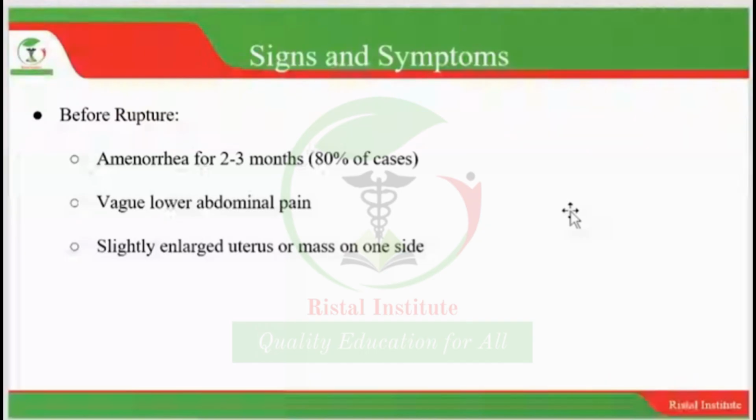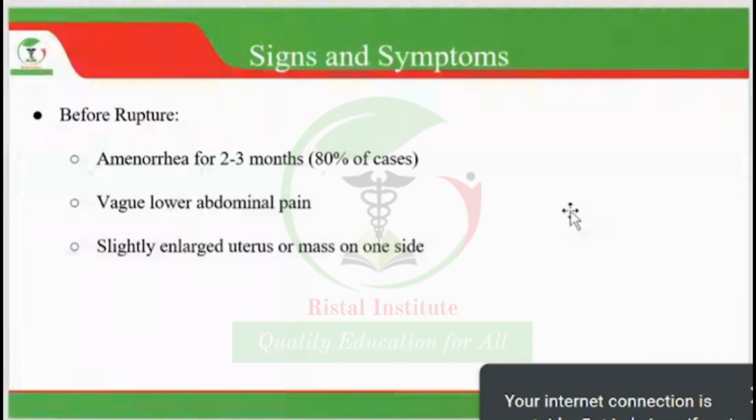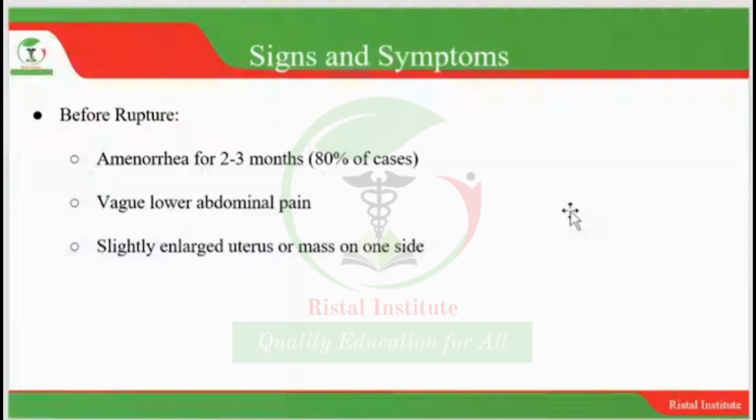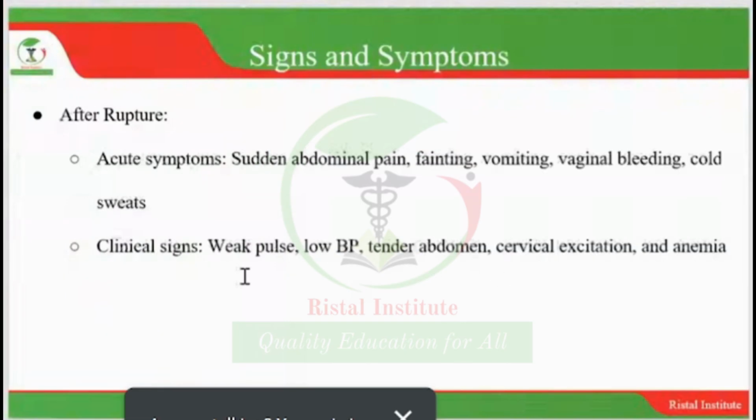One of the signs and symptoms is abdominal pain, a slightly enlarged uterus, or a mass on one side. So it depends on where it has been implanted. The mass can be identified around that area where it has been implanted.